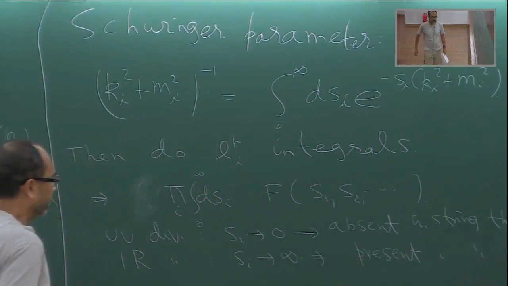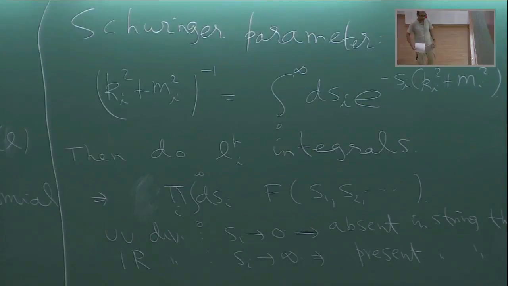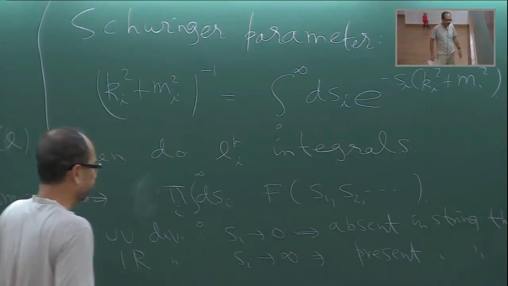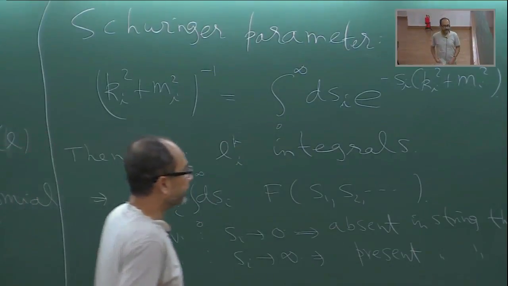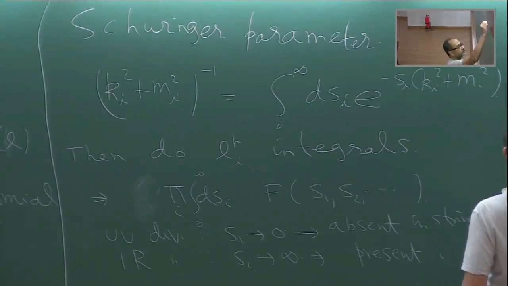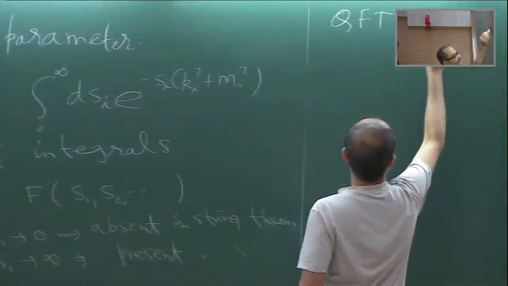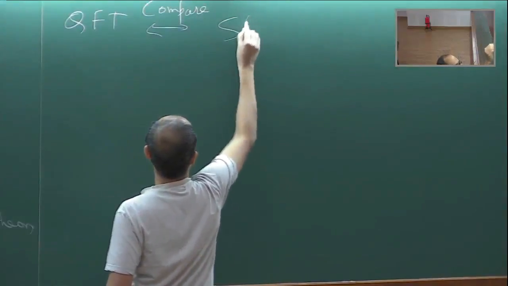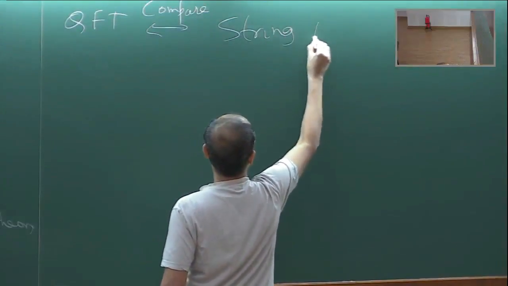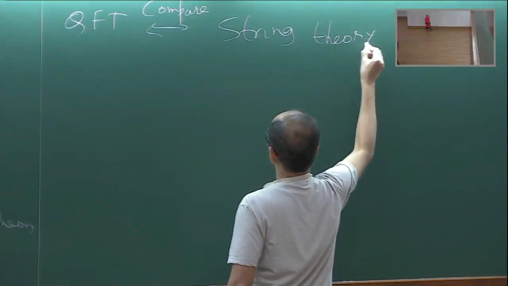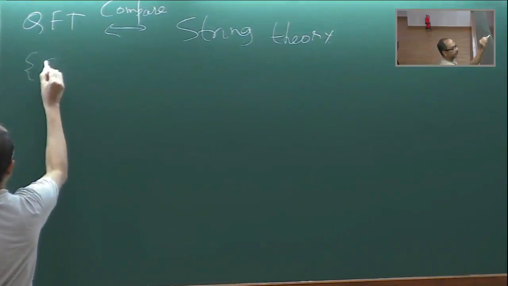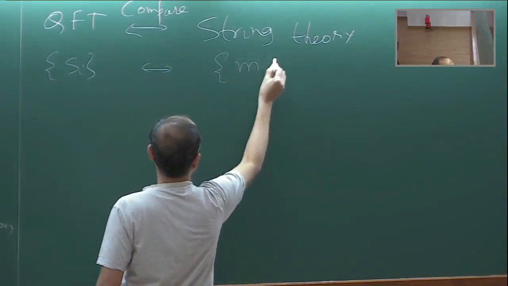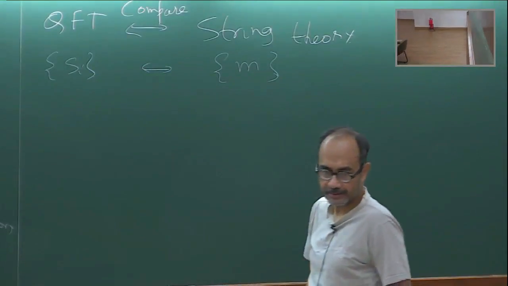The way to see this is to make an identification, which you can do by comparing the integrands in appropriate limits. If you want to compare QFT with string theory, then these parameters s_i that you see here, which are the Schwinger parameters, become roughly the moduli parameters of the Riemann surface.